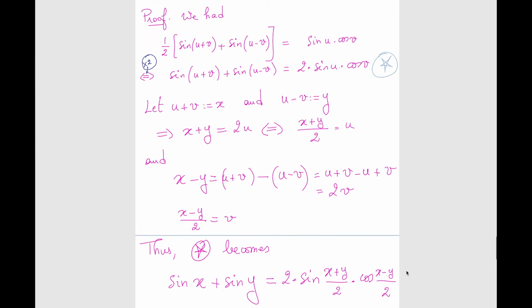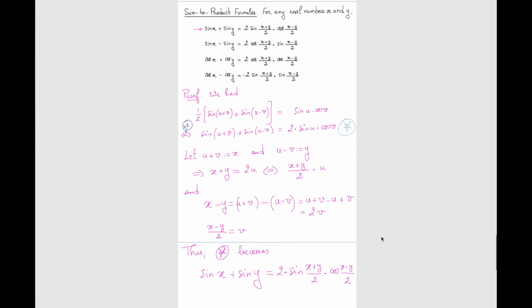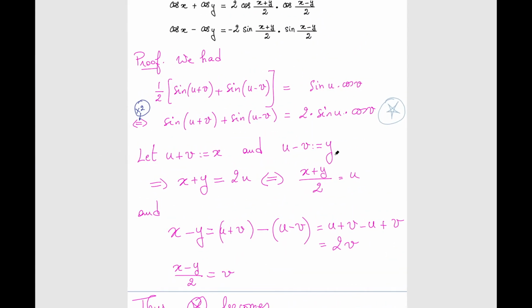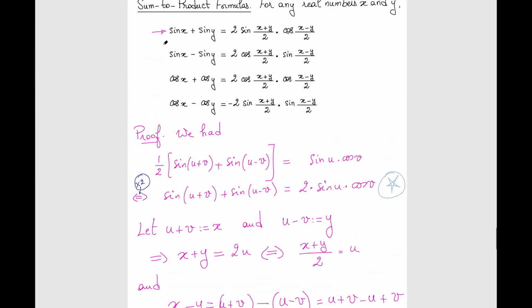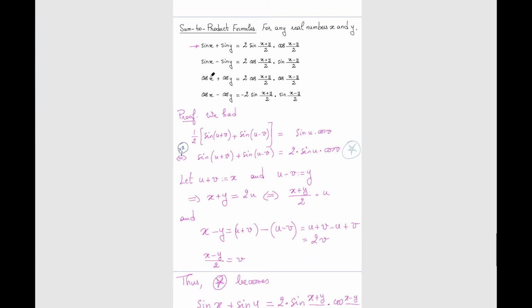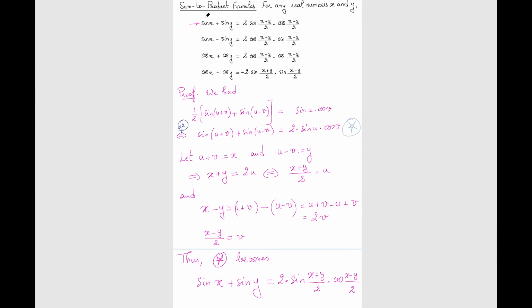And it's not hard now to convince you that what I was saying is correct, that this equation now is exactly this, right? Let me put it on one screen here. See this? Sine of x plus sine of y is equal to twice sine of the sum over 2 times cosine of the difference over 2, right? It's the same.